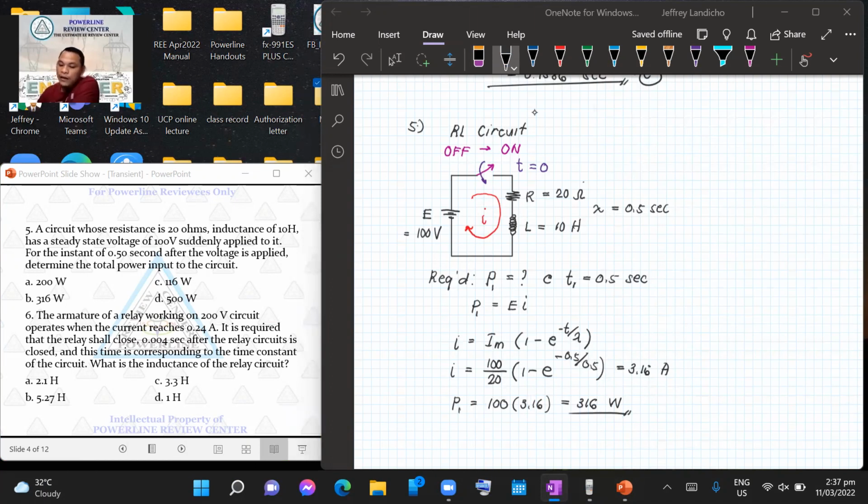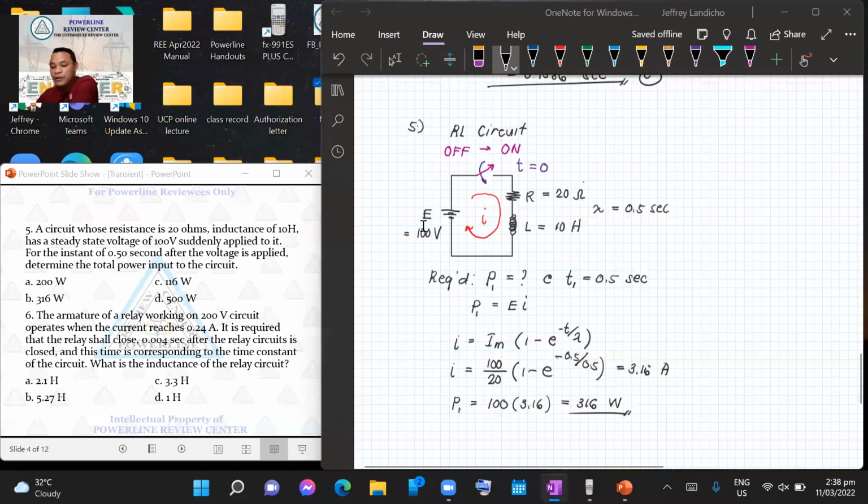The 199 is only the power absorbed by this resistance. So that is only the power across the resistance, 199 point something, about 200 watts. But what we are looking for is the total input power.